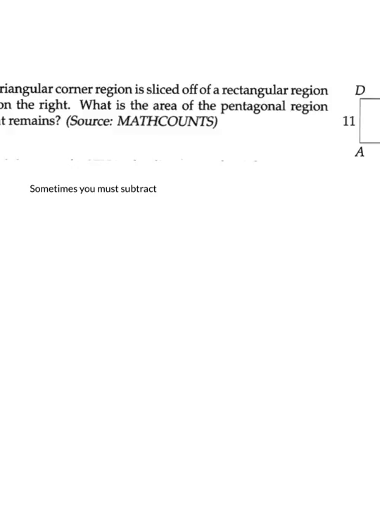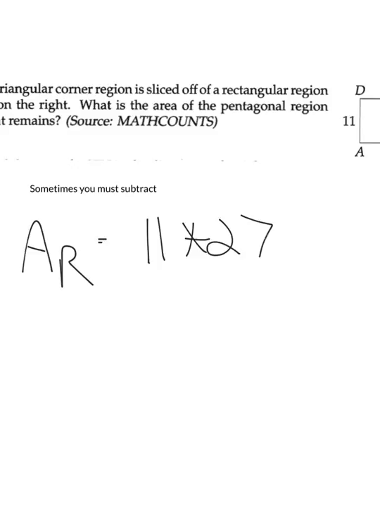Okay, so it's not so bad, the area of the rectangle. It looks like it just equals 11 times 27. Well, that's not so hard to figure out, is it? So that would just be 10 times 27, 270, plus 1 times 27, 27.